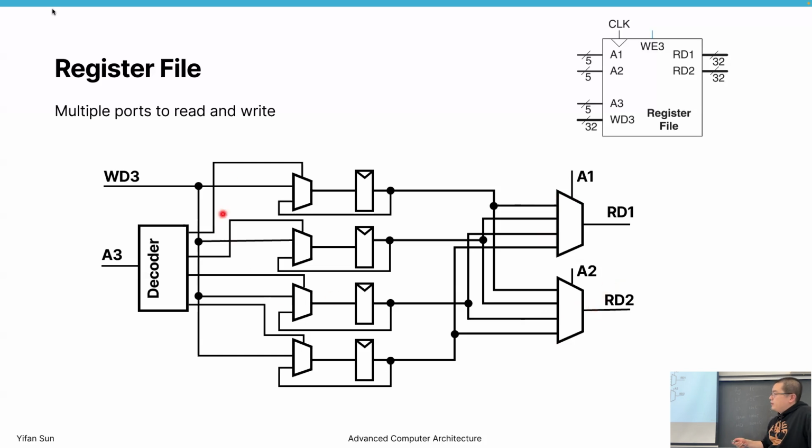Then on the other side, we have the write logic. The write channel is always connected to a multiplexer. Say we don't want to write; basically in the next cycle the data should stay the same, so we want it to loop back.